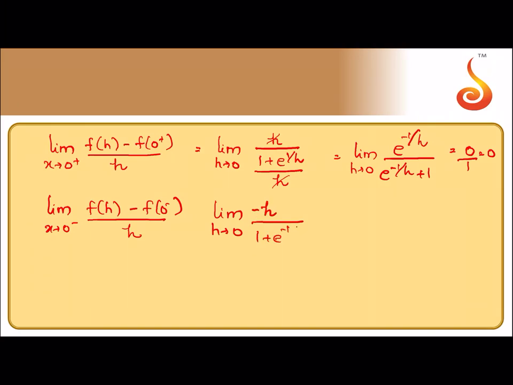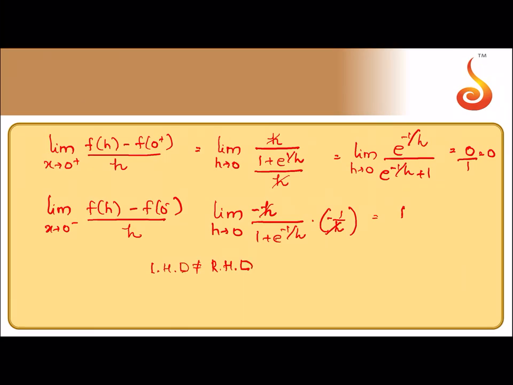Now we'll take limit x tending to 0 minus, f of h minus f of 0 minus by h. In this case, 0 minus, so this becomes limit h tending to 0, minus h by 1 plus e to the power minus 1 by h into minus 1 by h.